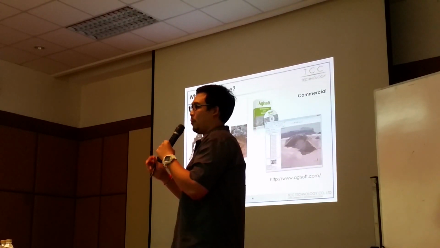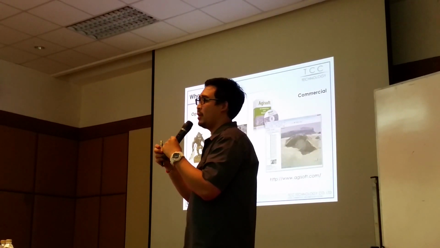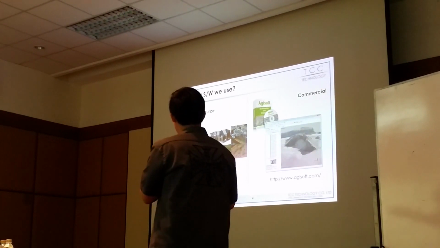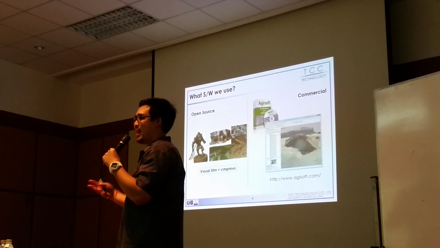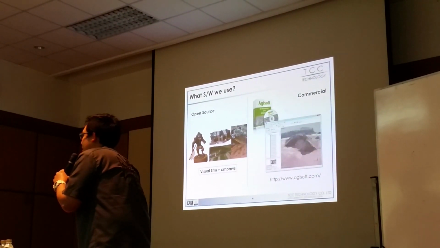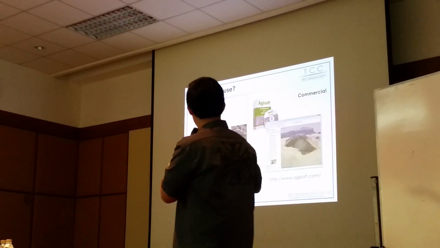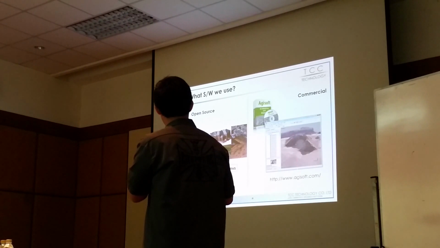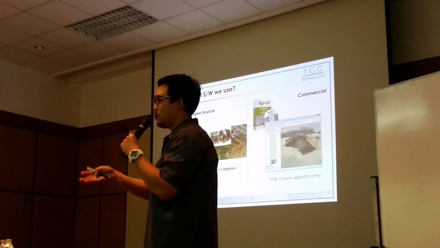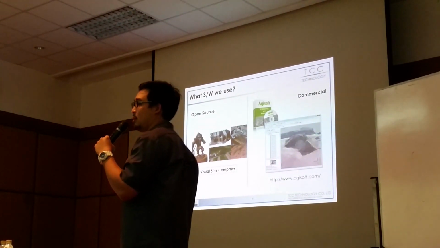This software will extract the points from the images, match the points and calculate the 3D for you. But it's a little bit of a headache because it's open source and not easy to work with. Another option, on your right, is commercial software called Agisoft. Today, I will give you an introduction to using this software.